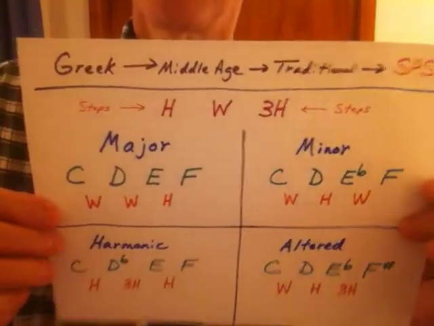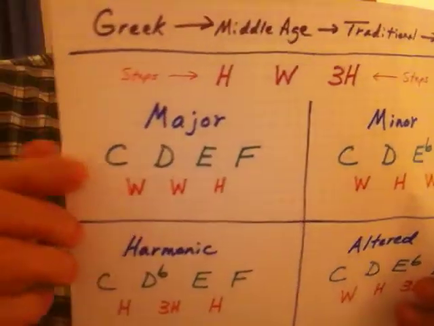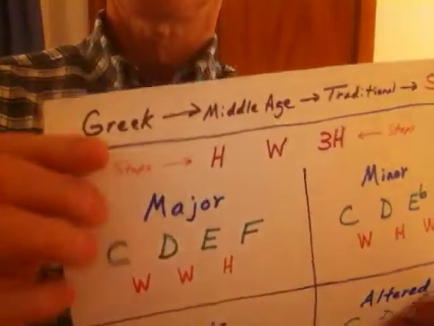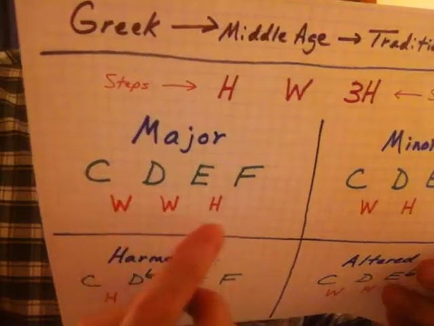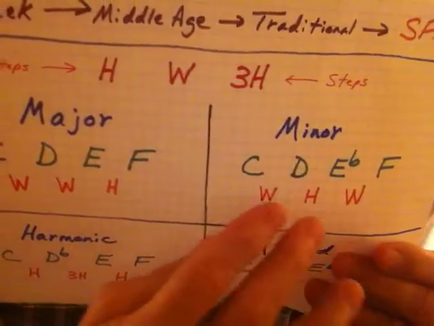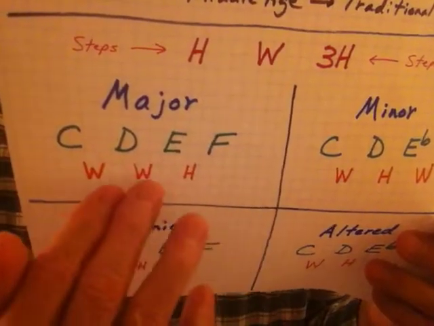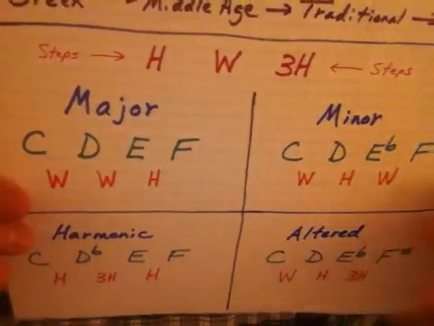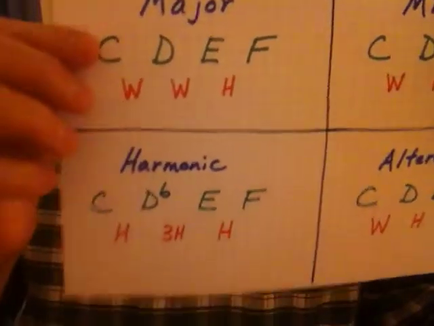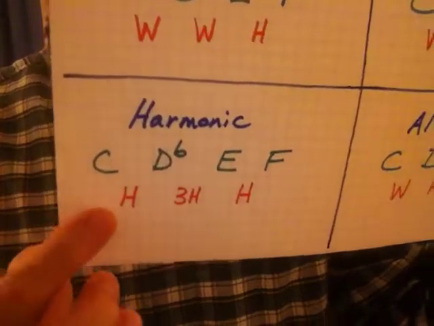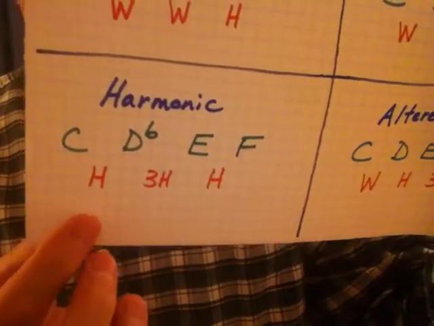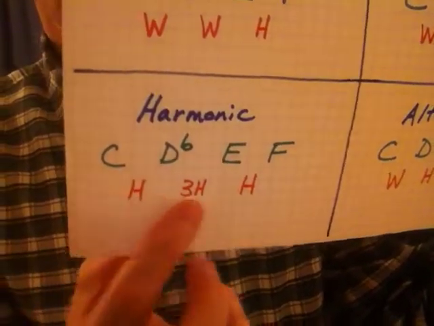So you see what happened was, in my system, just like those in the Middle Ages, I liked the whole and half step combinations. Okay, I liked that, so I kept it, just like the Middle Age theorists did. And I also liked the somewhat chromatic element of the Greek tetrachord, the half steps.